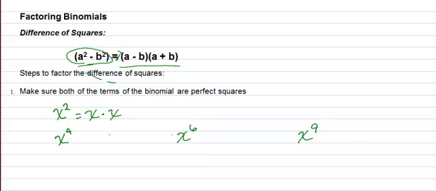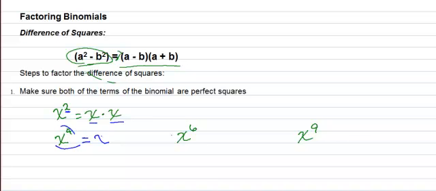All right, so x to the fourth. Remember the idea here is x times x gives me x squared, right? So the two things that I'm multiplying together have to look exactly the same. And when we multiply them together, they have to give us our original, obviously.